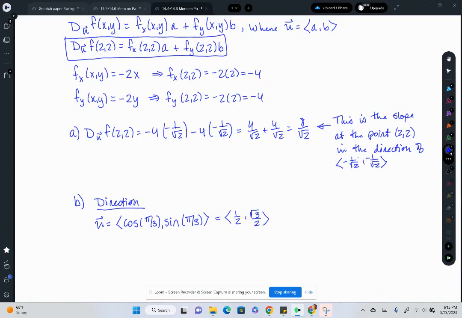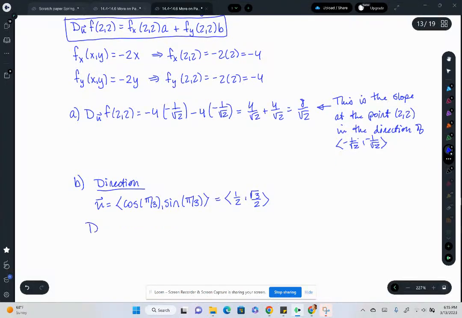And so now when I calculate the directional derivative in the direction of u of f at (2, 2), the only thing that's changing are my a and b values. I'm still using f sub x of (2, 2), okay? So that's negative 4, times a, which is 1/2, plus f sub y of (2, 2), which was negative 4, times b, which is root 3 over 2.